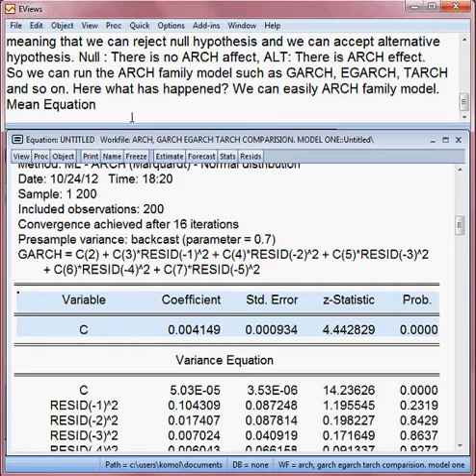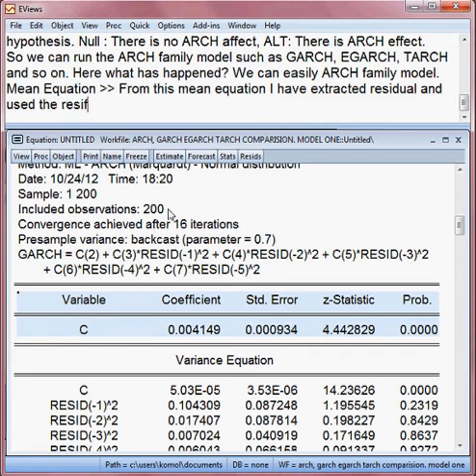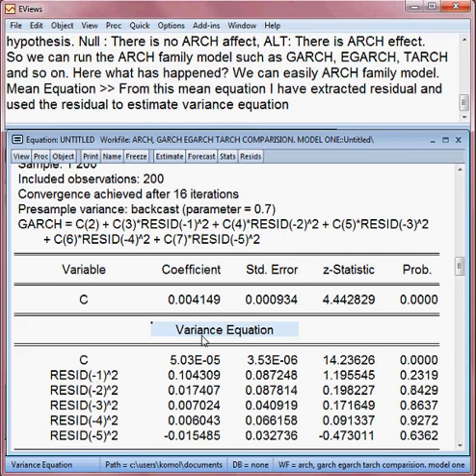This part is the mean equation, and from this mean equation, I have extracted the residual and used the residual to estimate the variance equation, meaning that this one, the whole of this part, the variance equation, right?